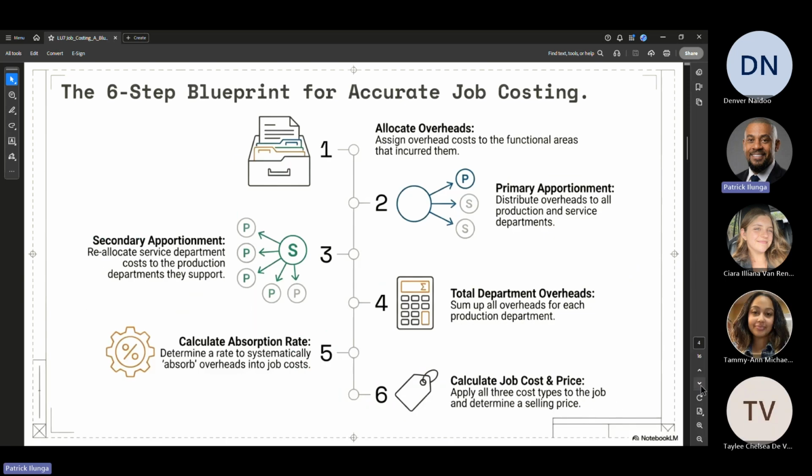Right, so there are 6 steps. I didn't invent them. They are straight in your textbook. If you open your textbook right now, you will see that there are 6 steps there. We're just going to go through the steps and summarize what it's all about, so that you're not thinking, should I memorize these steps for the exam? No, you don't need to memorize the steps for the exam.